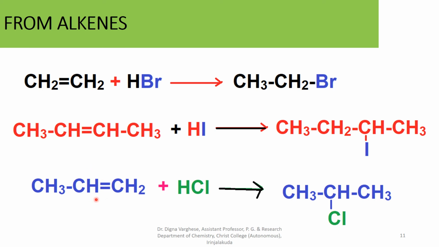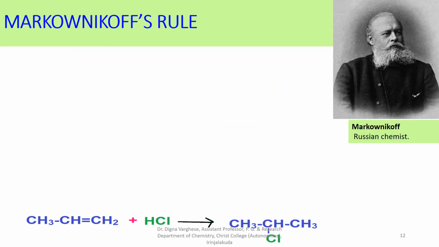Okay, so this addition of halogen acids to symmetrical alkenes or unsymmetrical alkenes is different. If it is an unsymmetrical alkene, it will follow Markovnikov's rule, proposed by Markovnikov, a Russian chemist.